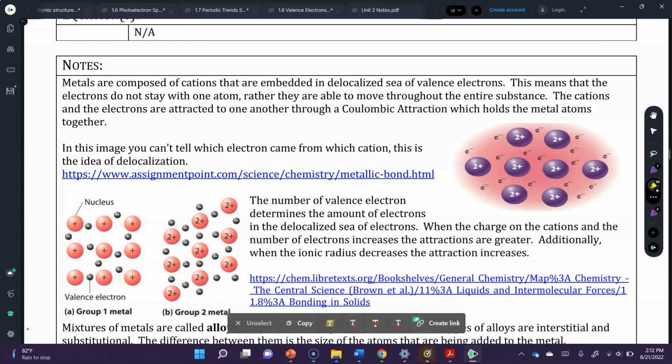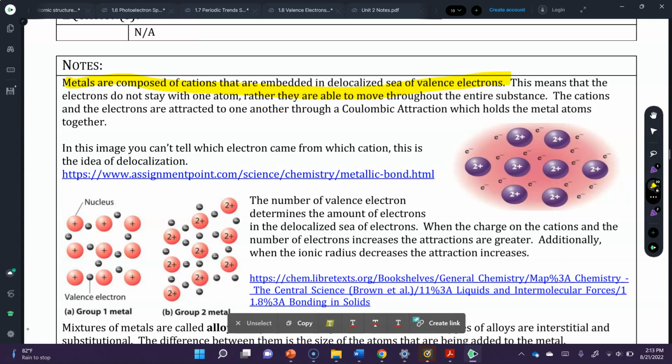metals are composed of cations that are embedded in a delocalized sea of valence electrons. This means that electrons do not stay with one atom, rather they are able to move throughout the entire substance. The cations and the electrons are attracted to one another through a Coulombic attraction, which holds the metal atoms together.